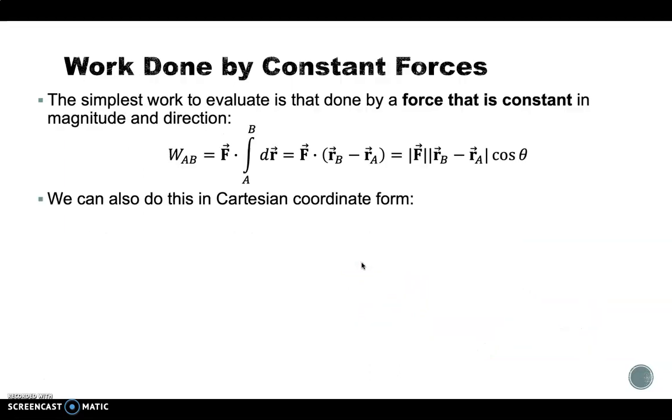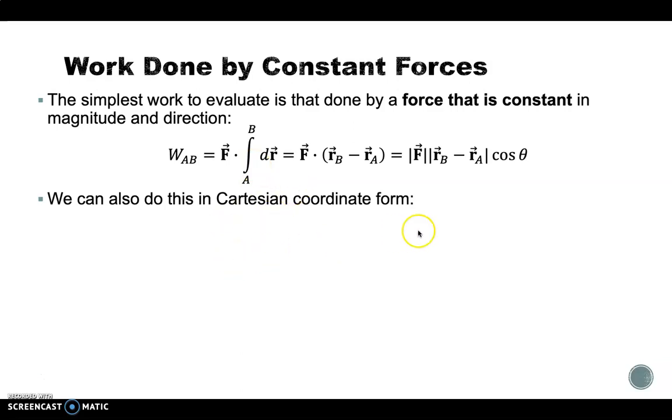Let's move on to the simplest first example, which is when work is done by a force that is constant in magnitude and direction. What that means is the force is not dependent on the direction or the coordinates.